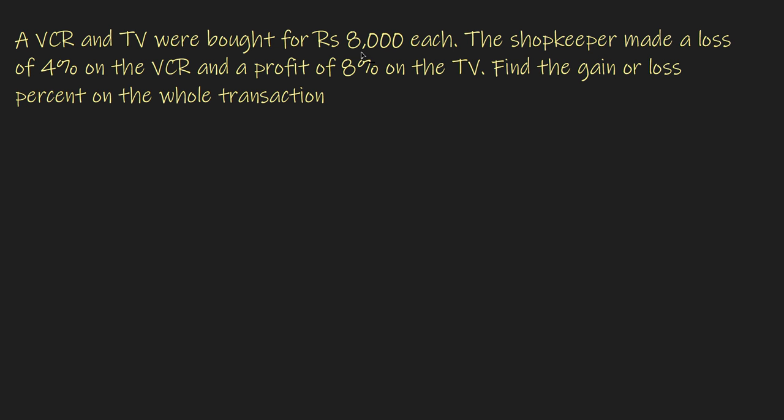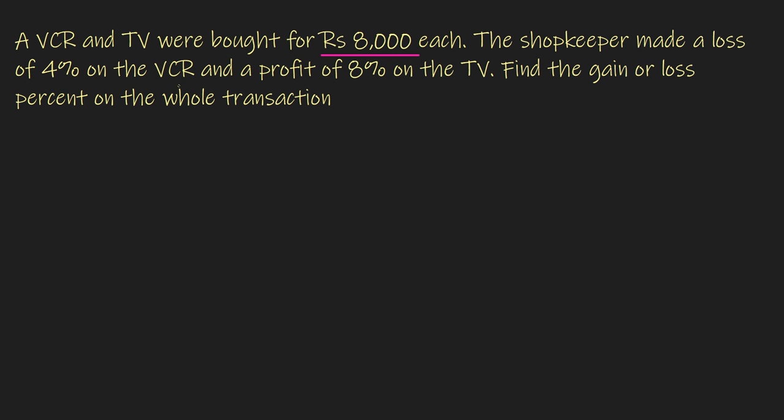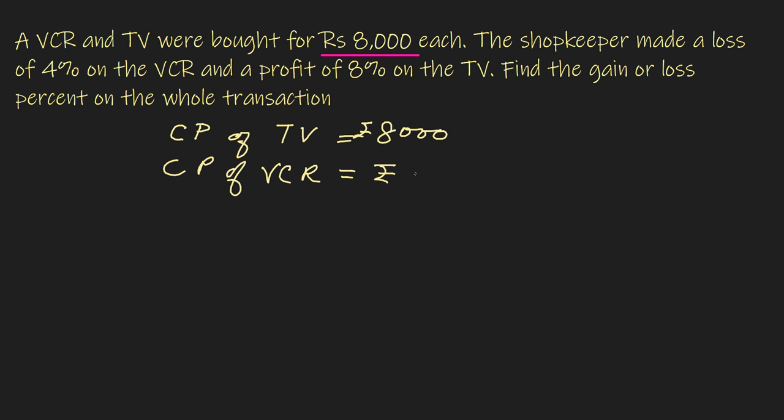Here you can see the cost price of TV and VCR both are 8,000 rupees each. So we can write cost price of TV is equal to rupees 8,000, and cost price of VCR, that also rupees 8,000.